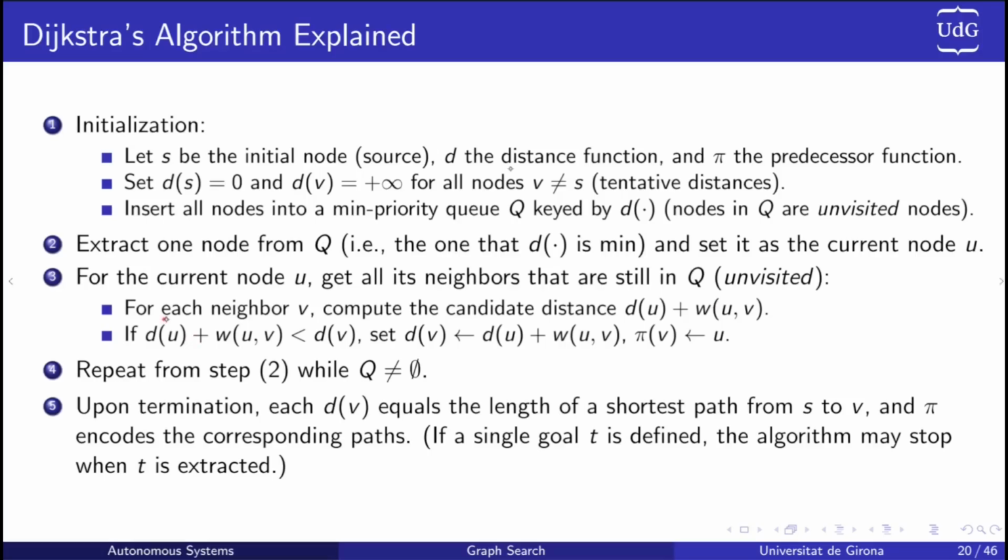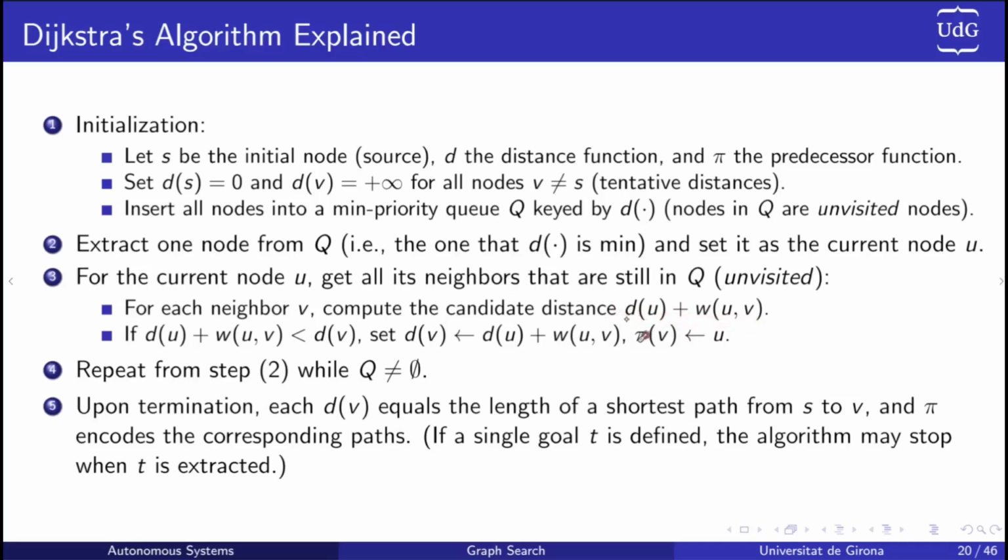Then for all the neighbors B of U, okay, U is the current node that we are checking, all the vertices that are connected with an edge with U are the neighbors, what we do is compute this distance. And this is like a candidate distance, no?